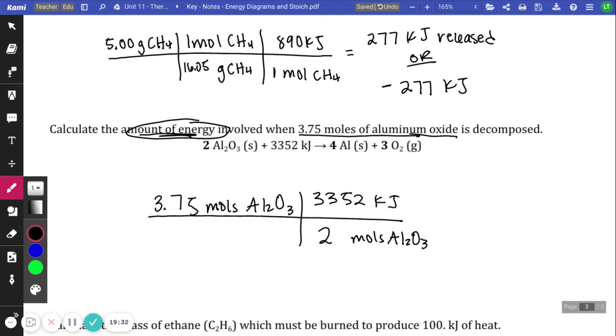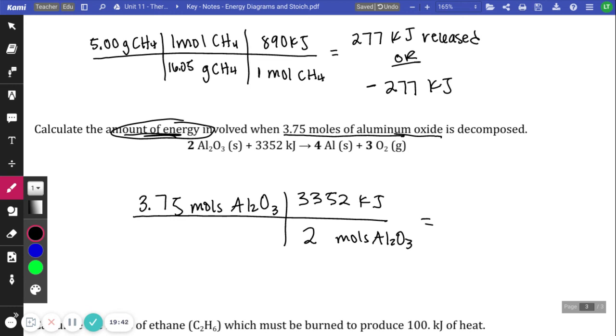All right, so kilojoules is what we wanted. So we can go ahead and multiply across the top, divide by the bottom. So I'll give you guys a minute to plug it into your calculators. And when I do, I got 6,290 kilojoules because of our sig figs.